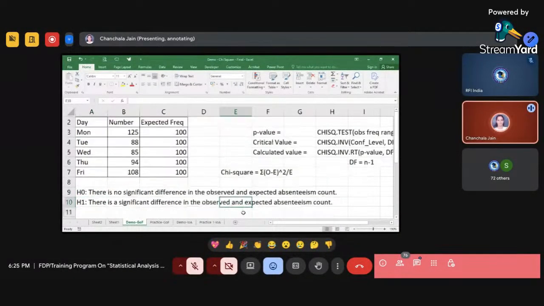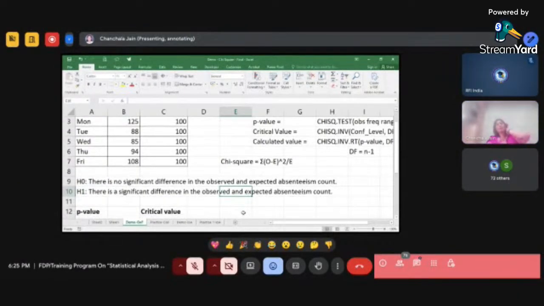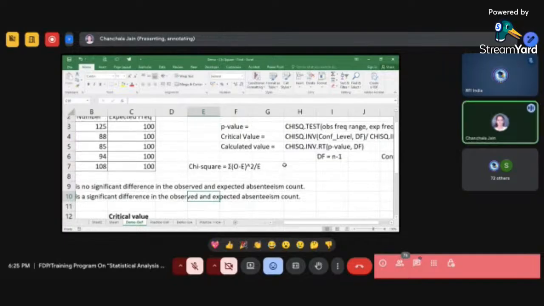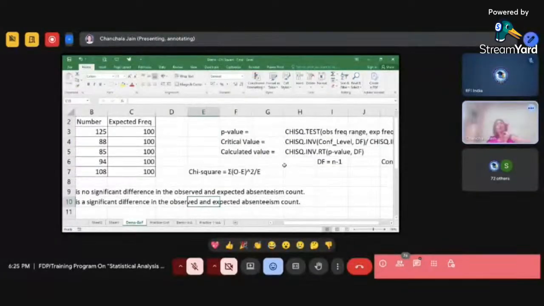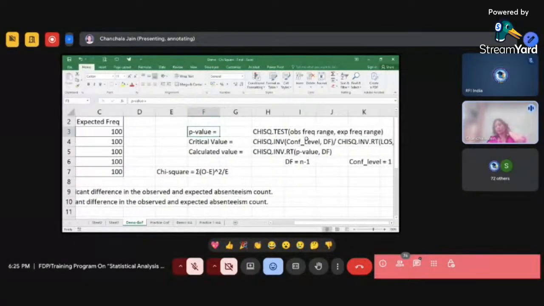So shall I go for performing the chi-square test now? Yes, ma'am. You can see some of the functions I have provided with the name. For getting the p-value, we need to use the chi-square dot test function, and then we need to provide the range of the observed frequency and expected frequency.